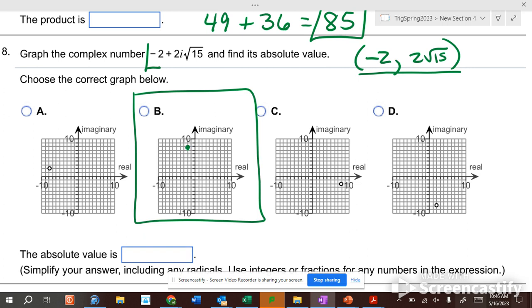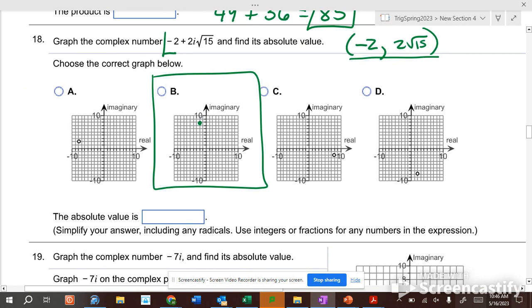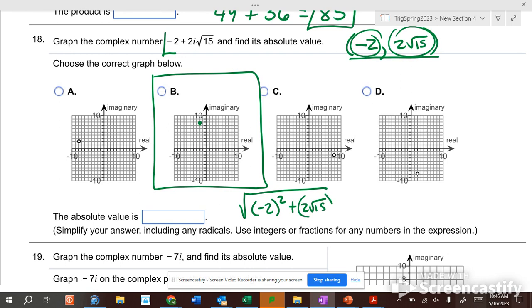Okay? What's the absolute value of that point? It's the square root of this squared plus this squared. It's the distance formula, basically. So it's negative 2 squared plus 2 square root of 15 squared.